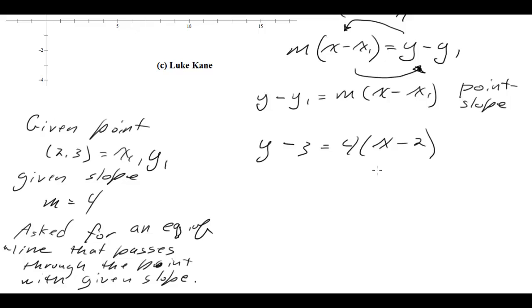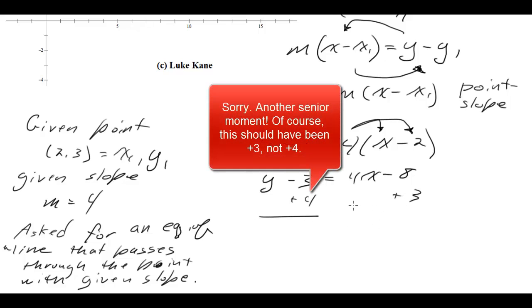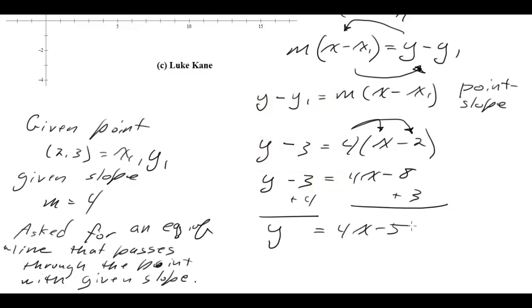Of course, I can manipulate this if I want. I can make this into any form I like. If I distribute that, I get 4x minus 8. y minus 3 equals 4x minus 8. Add 3 to both sides, and what do I get? I get y equals 4x minus 5. And now I have the slope-intercept form.